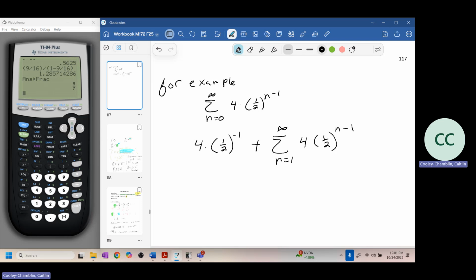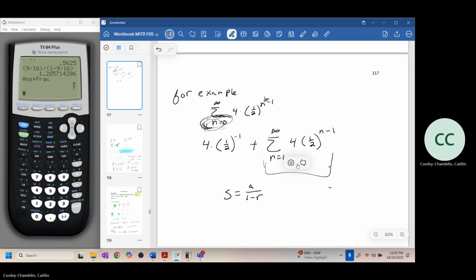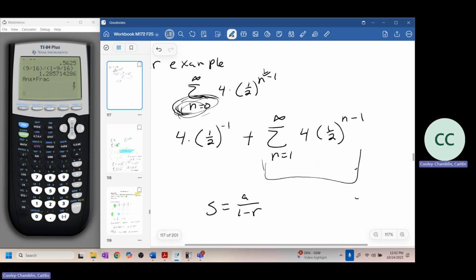So again, whether it converges or diverges stays the same. What changes is if you're using that sum equals a over 1 minus r. So if it starts at 0, you need to be aware that you need to plug in a 0 for n. Why is that doing that? I don't know how to get that off of there. Sorry, guys. There it goes.